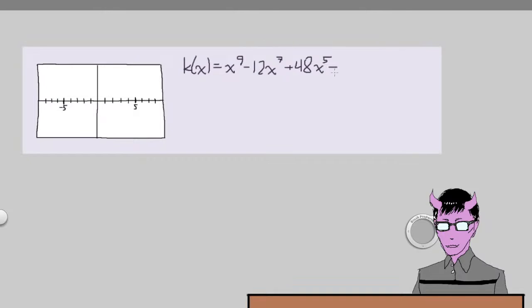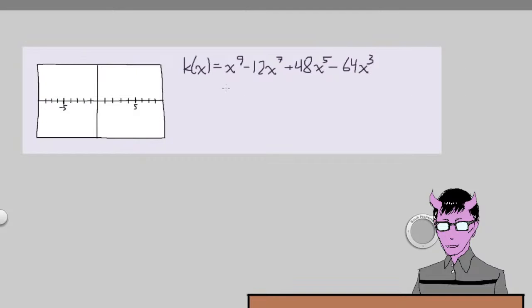That should be kind of suspicious. Minus 64x cube. Okay, so again, there is a pattern of decreasing by 2 per exponent. So that seems kind of weird. We have plus minus alternation, so maybe factor by grouping. So let's test that out real quick.